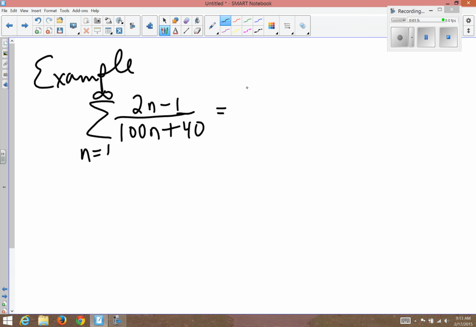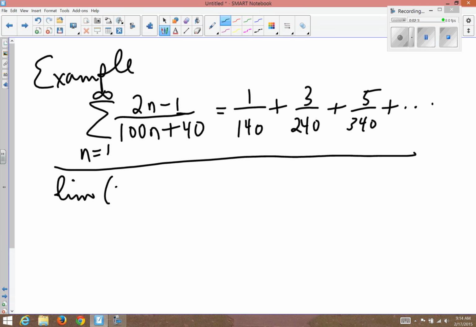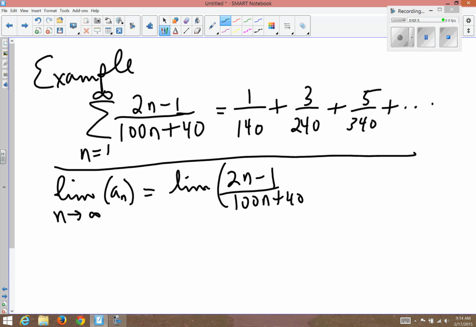This series, which is 1 over 140 plus 3 over 240 plus 5 over 340, etc. In this example, the limit of the nth term as n approaches infinity is the limit of 2n minus 1 over 100n plus 40 as n approaches infinity, because the nth term refers to this.